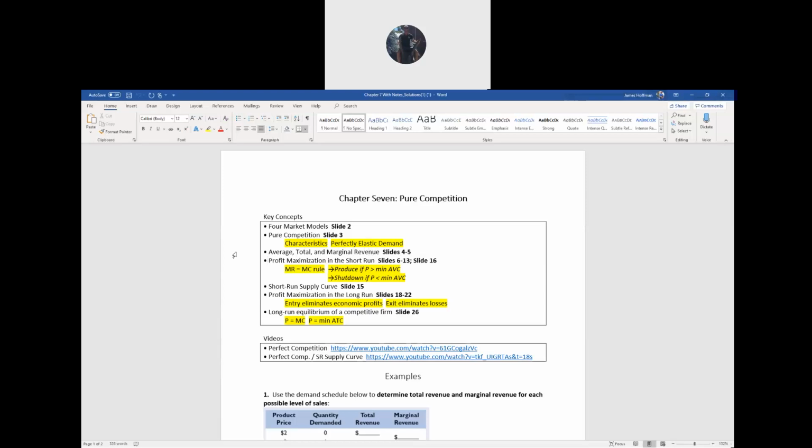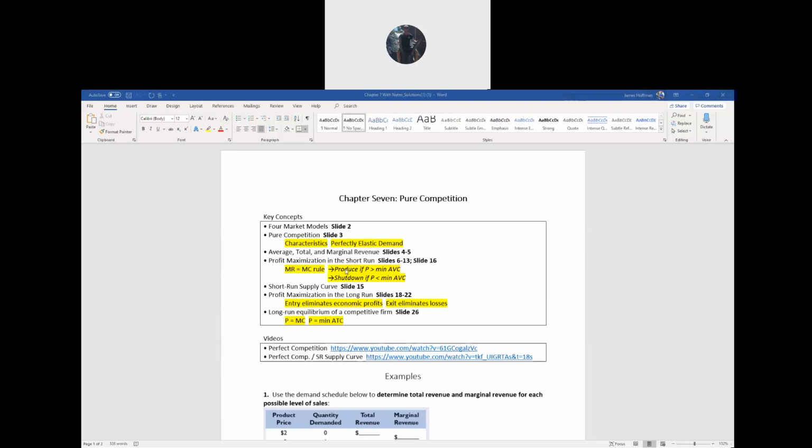Okay, so let's see how firms make their decisions in the short run. And remember the short run from chapter 6? We defined the short run in chapter 6 as the only input that can change is labor.